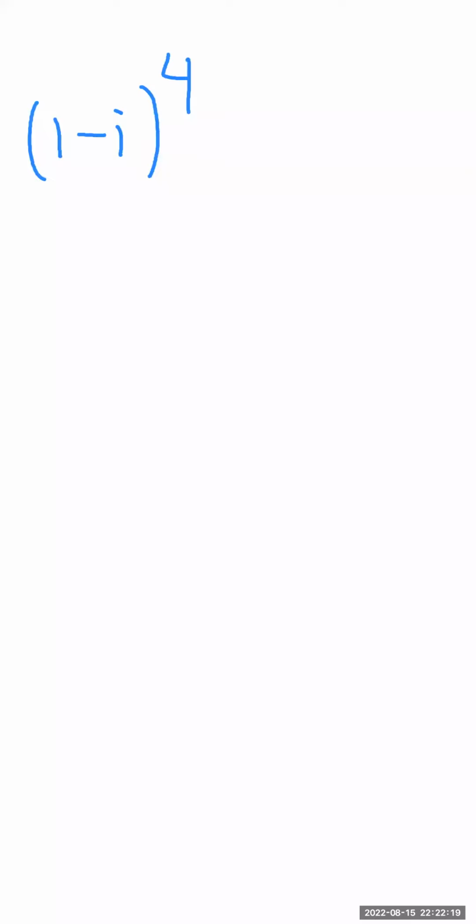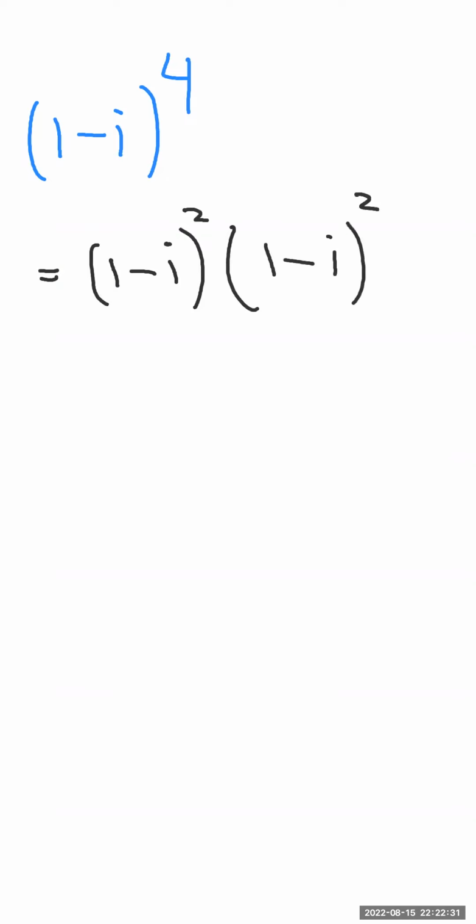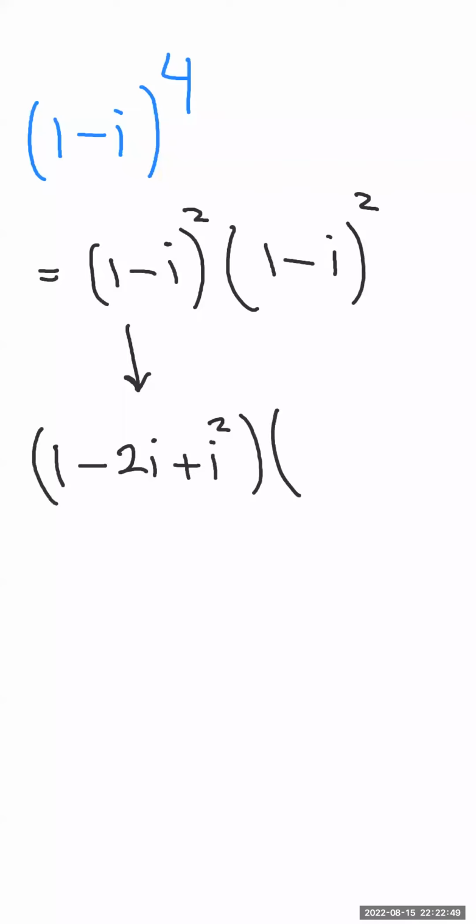Okay, so this one simply, guys, is (1 minus i) squared times (1 minus i) squared. This will equal first squared, 1, minus first times the second times 2, 2i, plus second squared, i squared, times itself again. 1 minus 2i plus i squared.